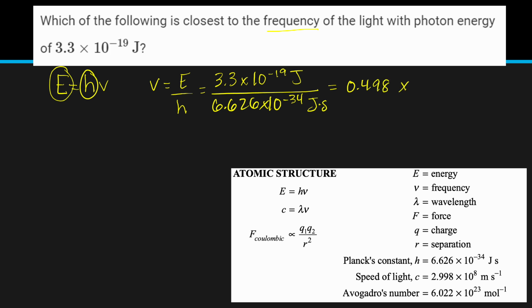Then with our exponents, we bring 10 to the negative 34th to the top, which gives us positive 34. So 34 minus 19 gives an exponent of 15. To get this into scientific notation, we move the decimal point, so we have 4.98 times 10 to the 14th, and this would be per second or hertz.